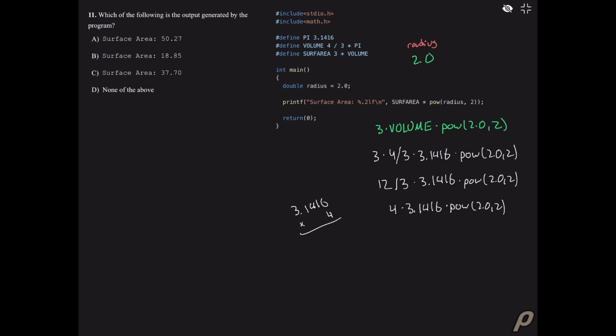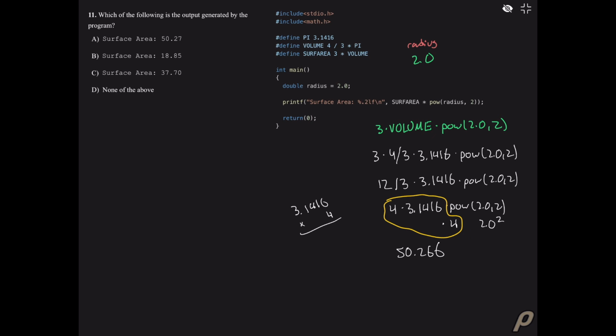And so we can figure out what that value is on the left, and then we should also do this pow 2.0 comma 2. And so this is just 2.0 to the second power, which is just 4. So we're just multiplying by 4 over here. So then when we do this entire thing together, we will get a value of 50.266.